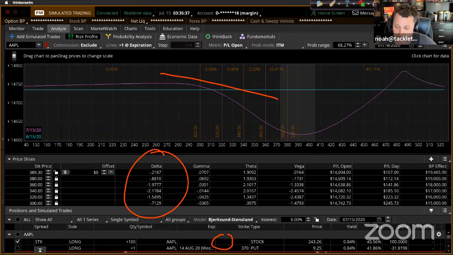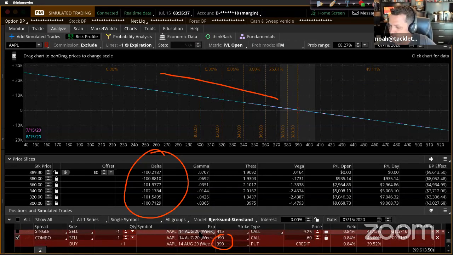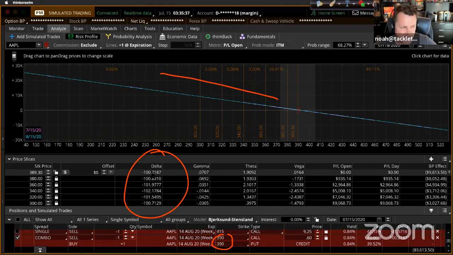But if you sold just the call and didn't own the stock, yes, there would be, in this case about a $9,600 BP effect, which is probably cheaper than short selling the stock itself. Now, you can't buy it long and be short the stock at the same time. That's why you have to use the options.